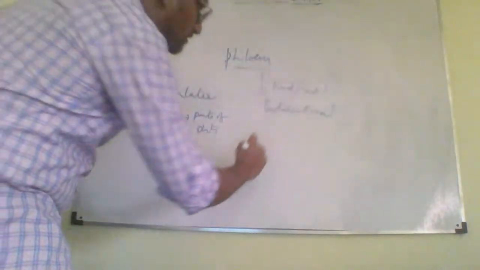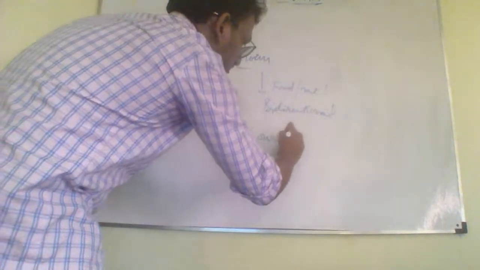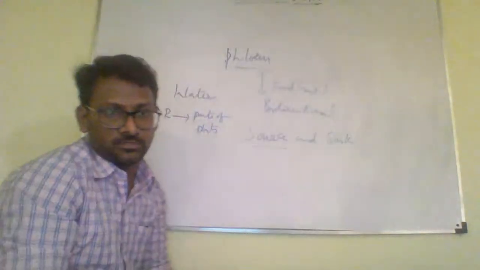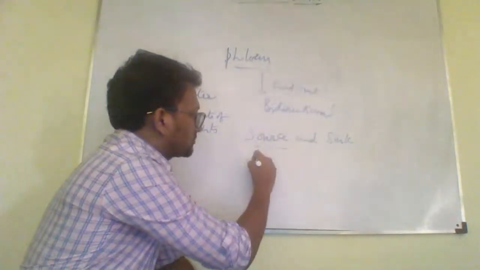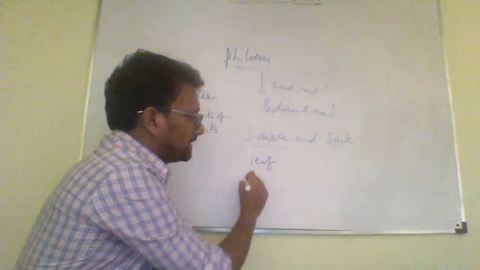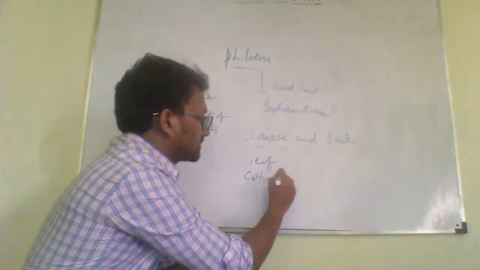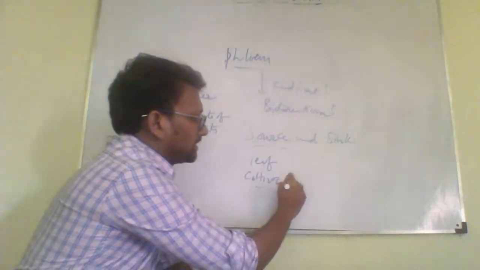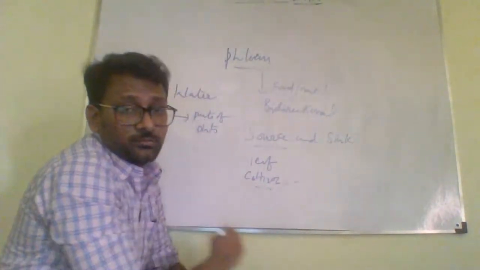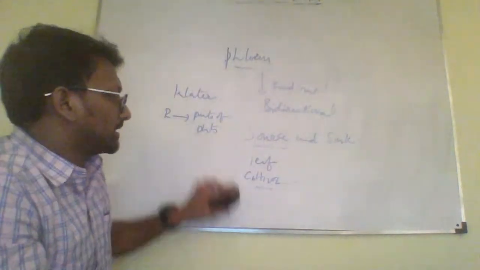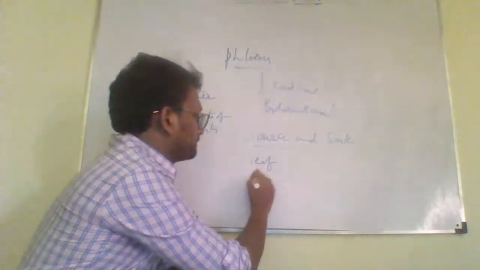Why bidirectional? Because there is always a source and sink. So you'll be having a source. This source and sink can be interchangeable. How? Most of the time the source would be a leaf. In the leaf, C6H12O6, glucose is prepared, and this glucose, after polymerization into a storage form, becomes starch.